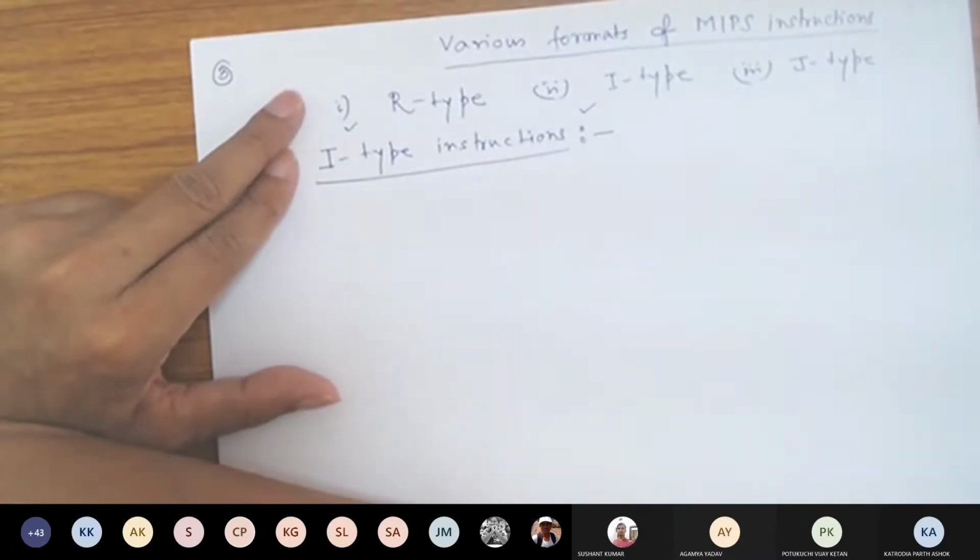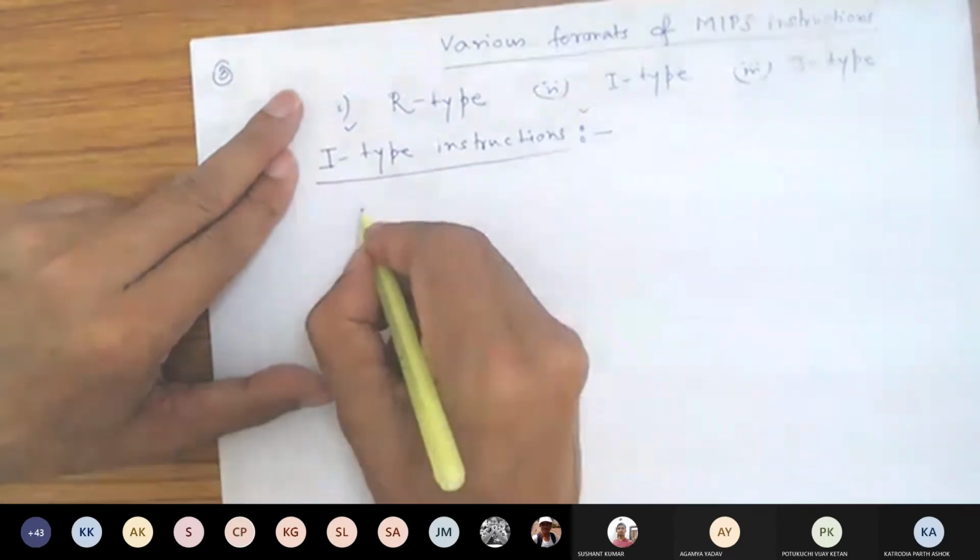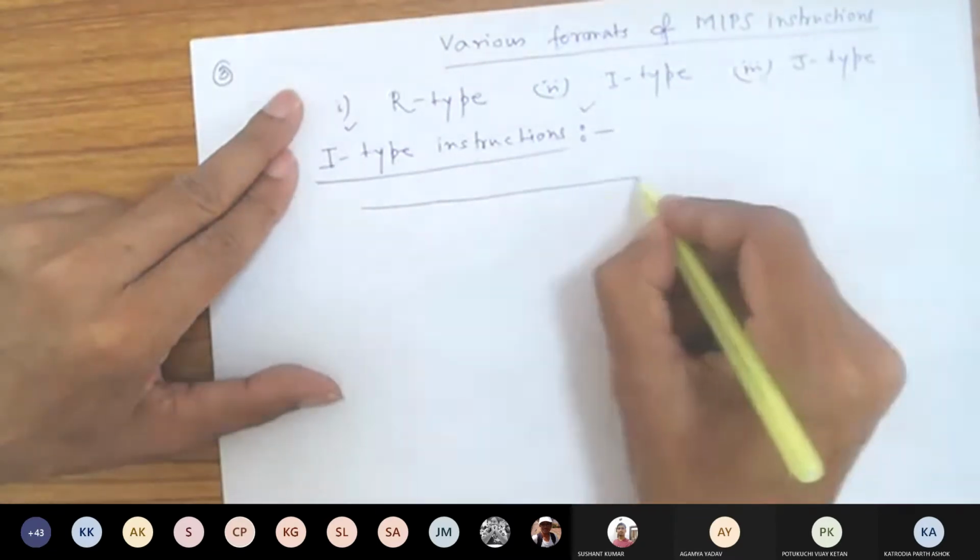So in I type, there is an immediate field. The instruction is formatted like this.